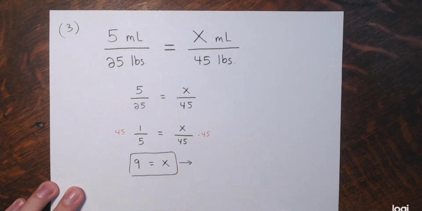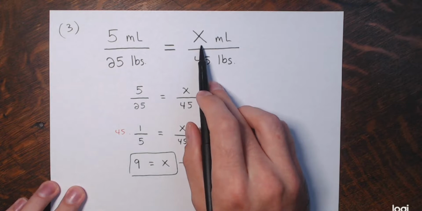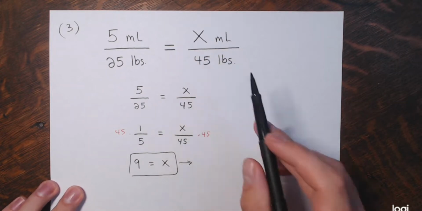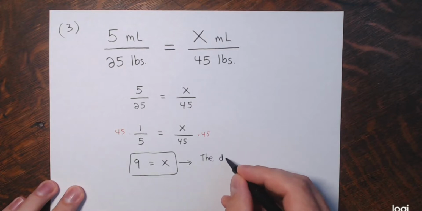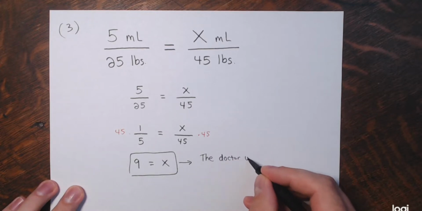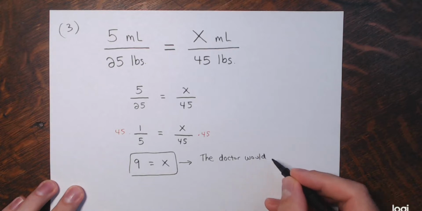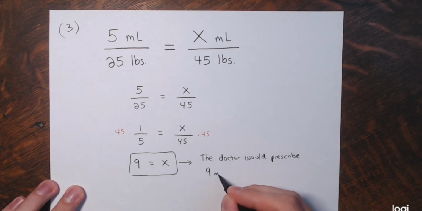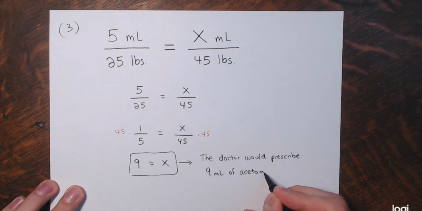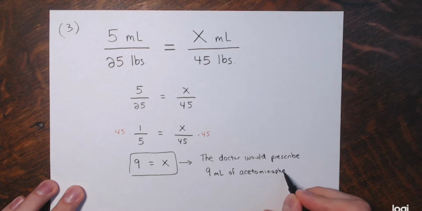But I have to make it make sense. X equals 9 is just the solution of the proportion. Remember what X represents: the number of milliliters of acetaminophen prescribed to Jocelyn. So the doctor would prescribe 9 milliliters of acetaminophen to Jocelyn.